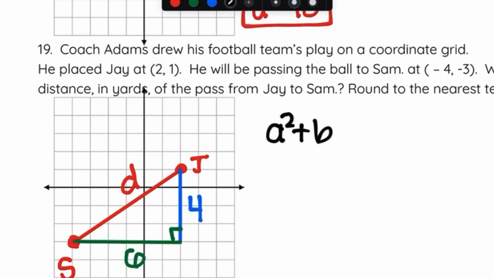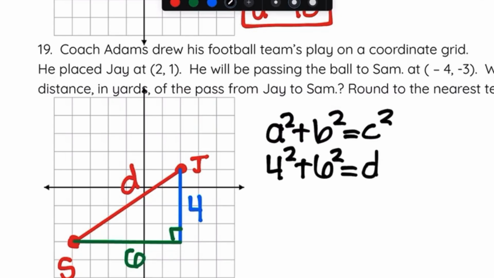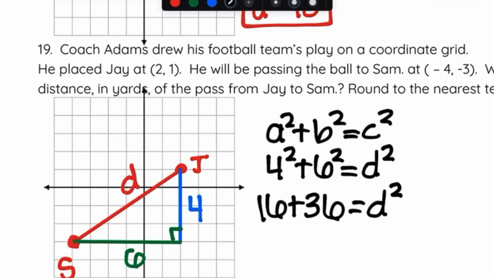So here's my Pythagorean theorem. So I get 4 squared plus 6 squared is equal to my unknown distance squared. So when I work that out, I get 16 plus 36, which last time I checked is 52.